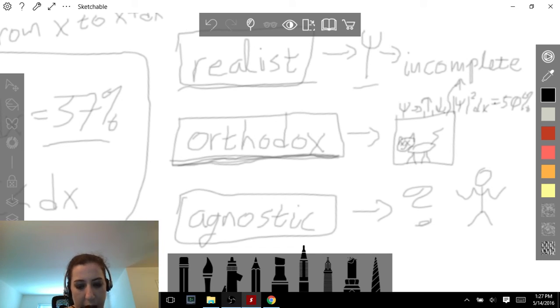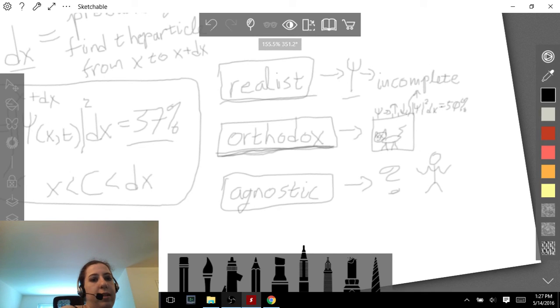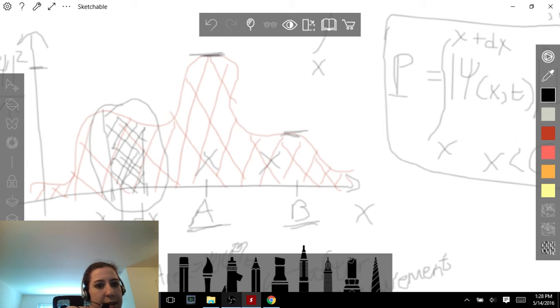But like I said, we know that the Orthodox position is right, and that comes from 1964, and John Bell showed that there's an observable difference if the particle has a precise, though unknown, position prior to the measurement. So if, say, the particle was over here, and then it moved over here, and then it moved over to C, if that were true, when we did the measurement to find that it was at C, we would see a difference.